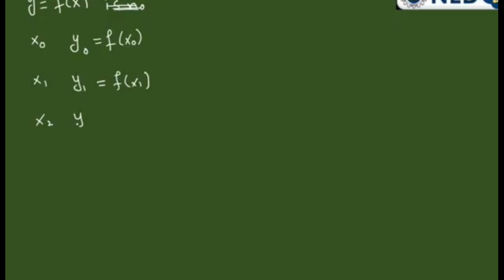So this is the way to compute a numerical value, that is y2, y1, y0. If I continue similarly, let's say there is some value xn, so I will get yn. And how did I get this value? By putting the value of xn in the function. I hope this part is clear to you.